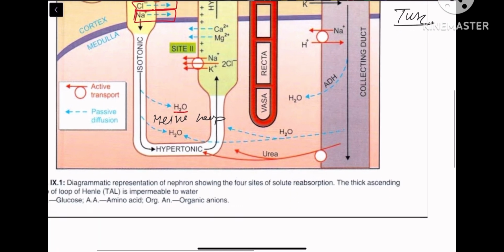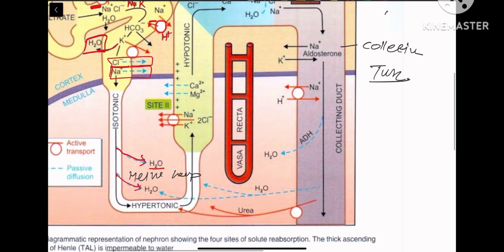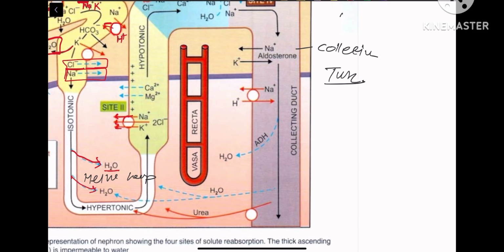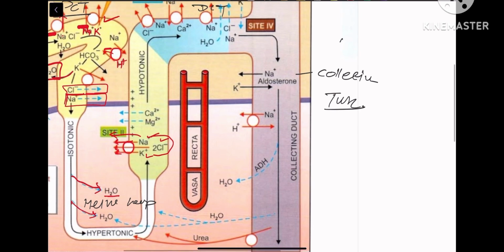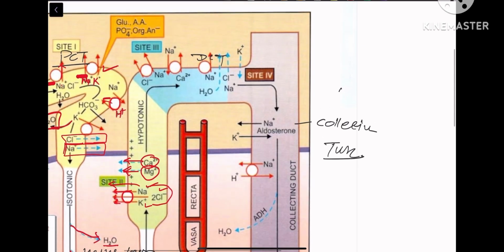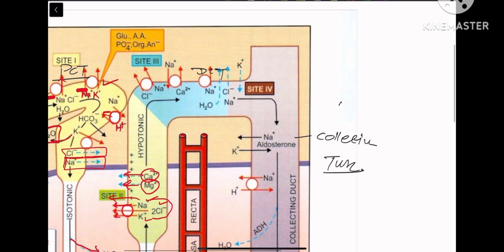After that, we have the loop of Henle. The loop of Henle majorly absorbs water and electrolytes. Here we have another transporter named the sodium potassium chloride co-transporter. All three ions are transported unidirectionally, and along with this, calcium and magnesium are transported passively through the paracellular space.